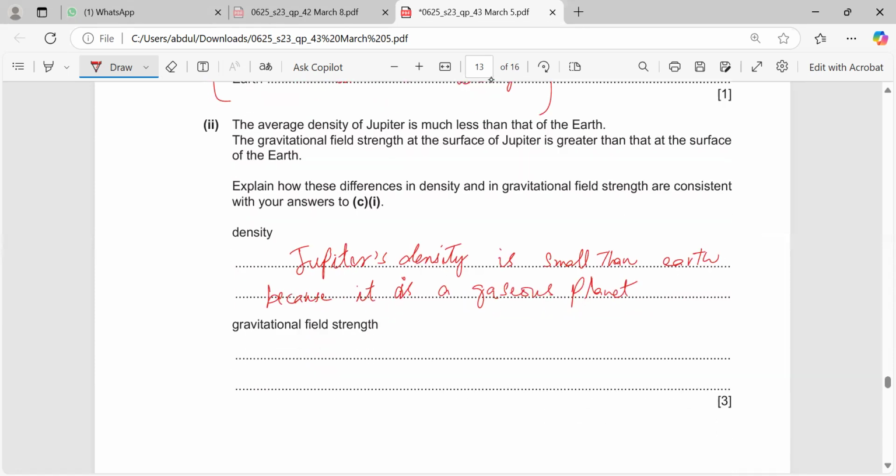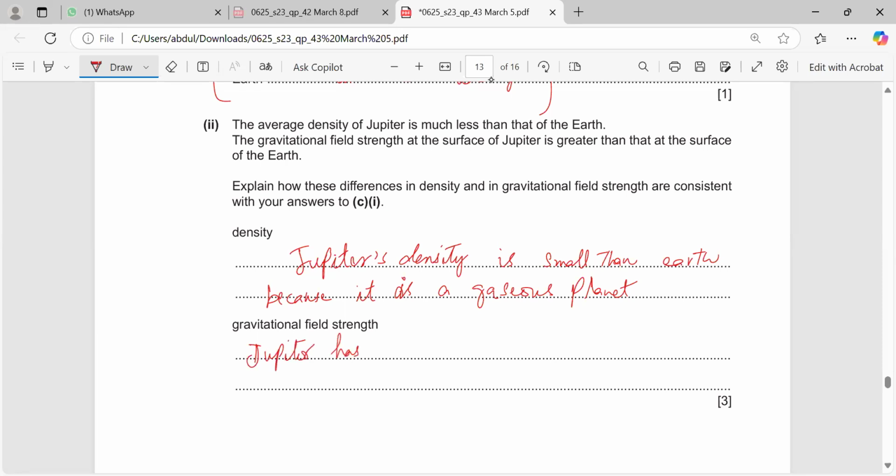Gravitational field strength of Jupiter is more than Earth. It has gravitational fields. Okay.